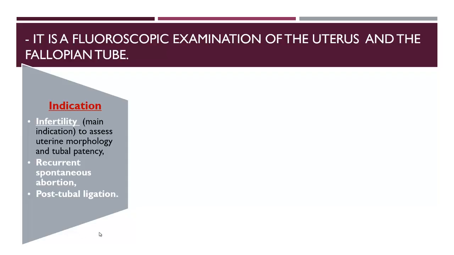And post tubal ligation, to assess that the tubes are ligated, or after tubal recanalization, whether interventional or laparoscopic recanalization of the fallopian tube, we can do hysterosalpingography afterwards to assess that the tubes are patent.